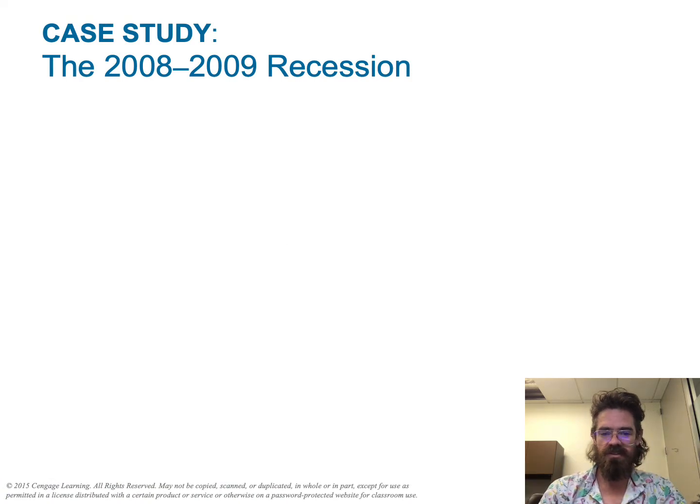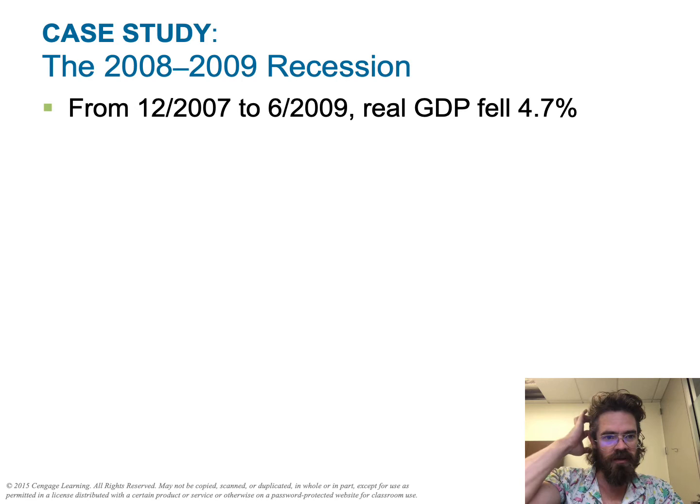All right, so let's also use our diagram in a case study of the Great Recession that happened back in 2008 and 2009. From December of 2007 to June of 2009, GDP fell by 4.7%.